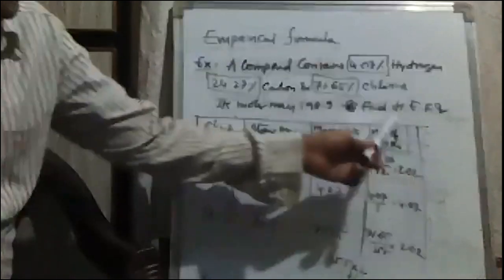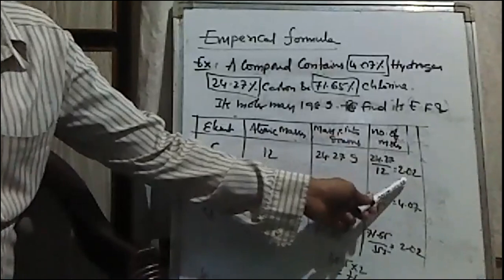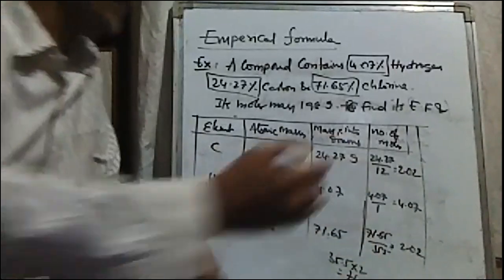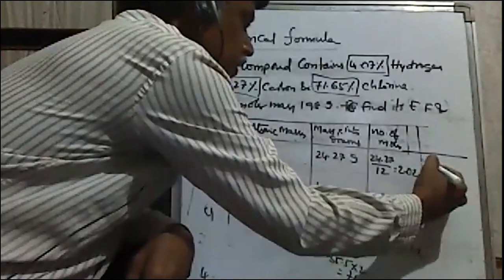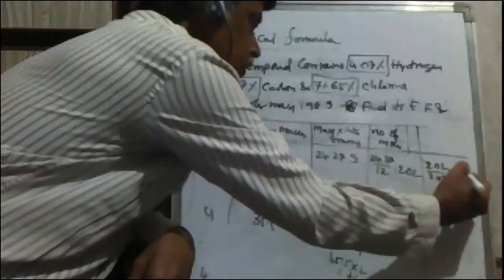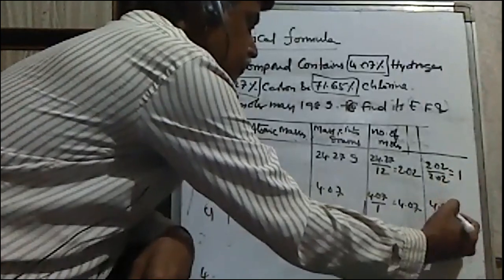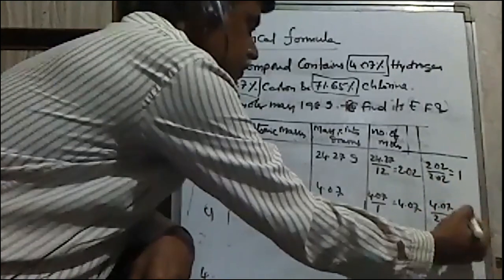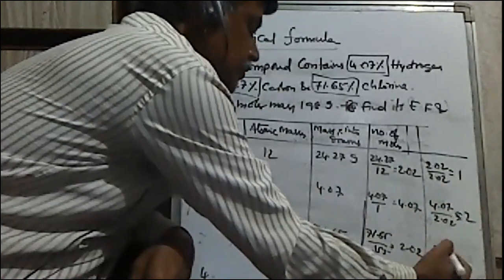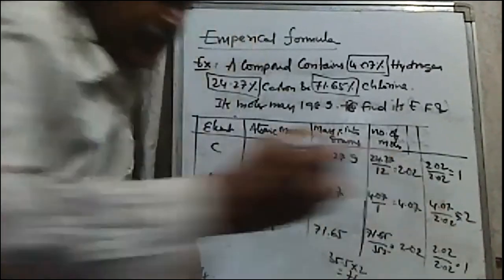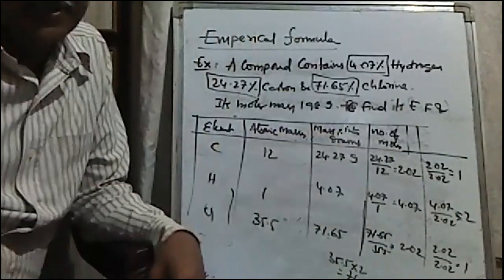Now, among these three numbers, 2.02, 4.07, 2.02, what is the smallest number? 2.02. Then divide all the mole values obtained in step 2 by the smallest number. 4.07 by 2.02 is equal to 2, and 2.02 by 2.02 is 1, and this is also 1.